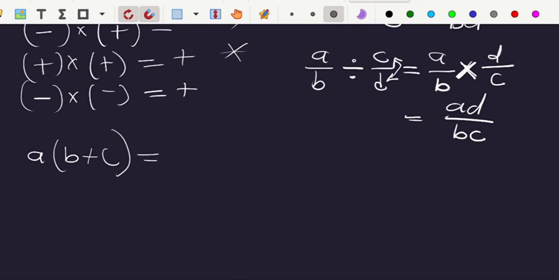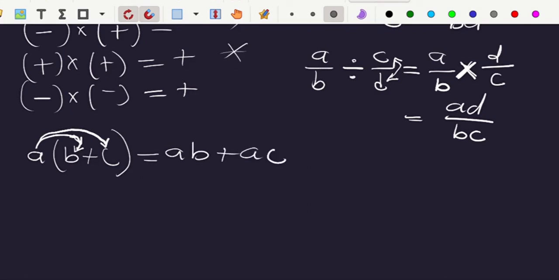It dictates that the value in front has to multiply both of the values in the brackets. So this needs to multiply this and this as well. The answer becomes A multiplied by B plus A multiplied by C, which is AB plus AC.